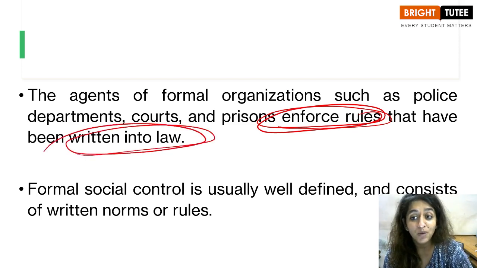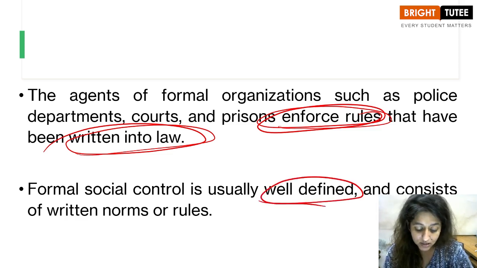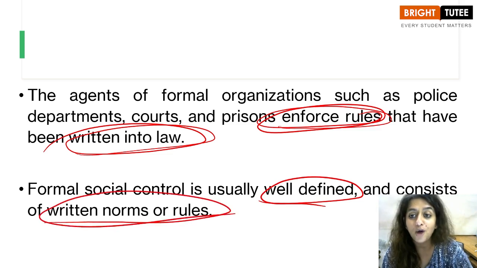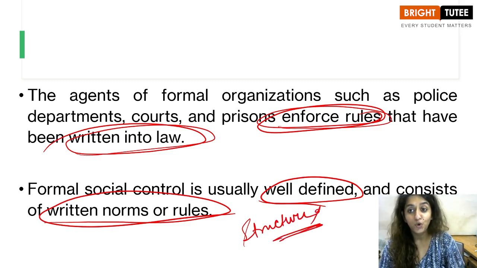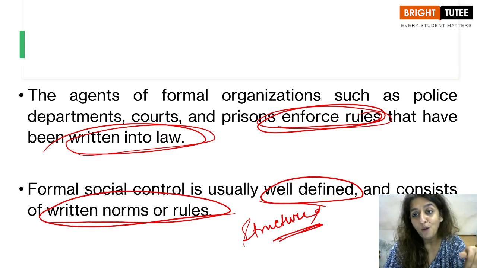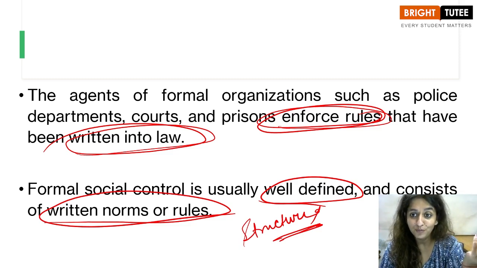Again, the informal one was unwritten. Here it is written into law. Formal social control is usually well defined and consists of written norms or rules. So it is well defined and structured, and this is the difference between formal and informal social control.